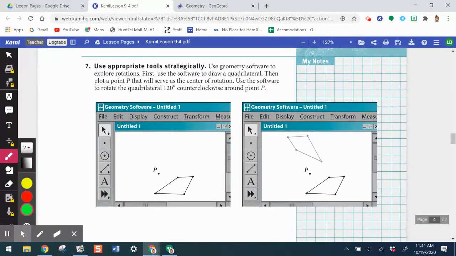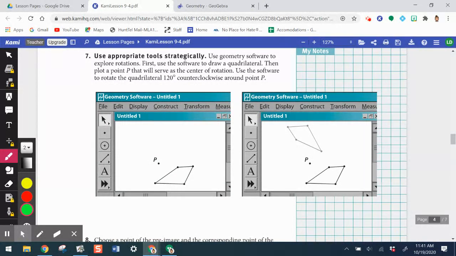What we're going to do now is really take the concepts that we're learning about rotation and pull them off the coordinate plane and notice some key characteristics that again will apply on the coordinate plane as well. So we're going to use geometry software again. We're going to use GeoGebra here to explore rotations. First, use the software to draw a quadrilateral.